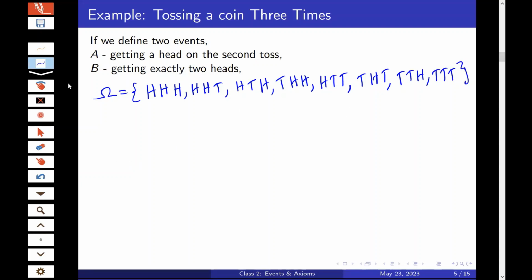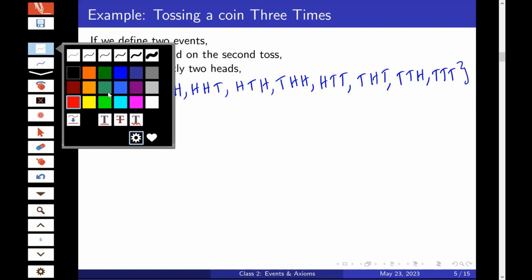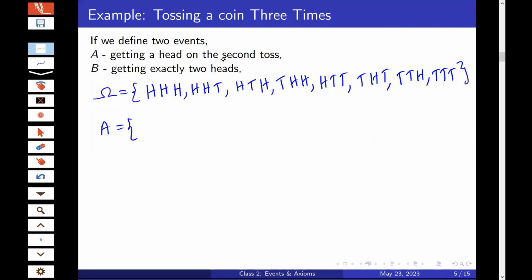Now A says getting a head on the second toss. In this case, we have to pick the outcomes that match the description of A. Here, the second toss is head. So we are only focusing on the second toss.